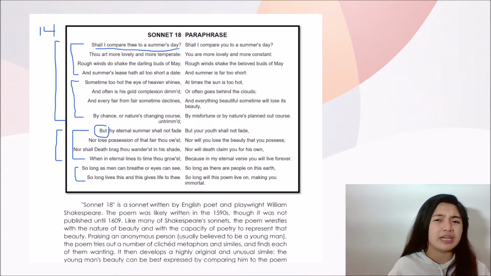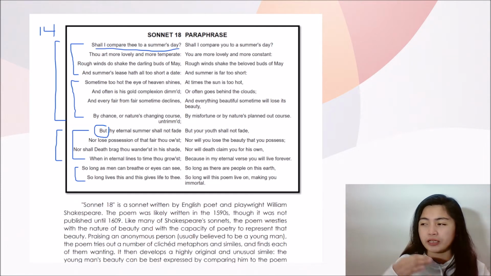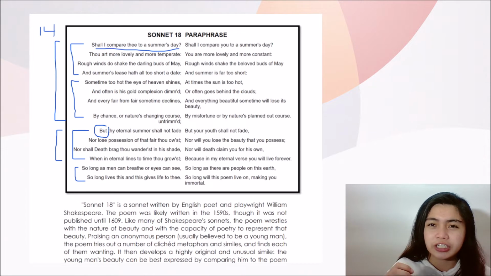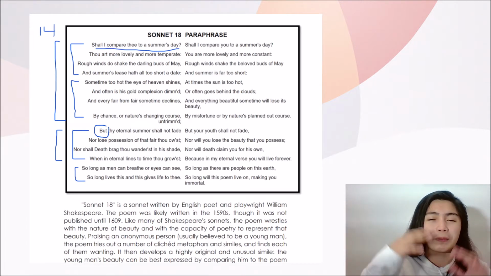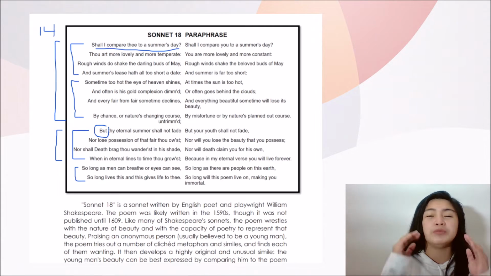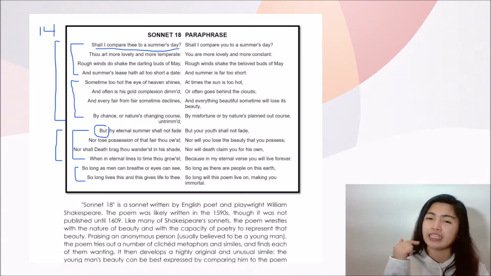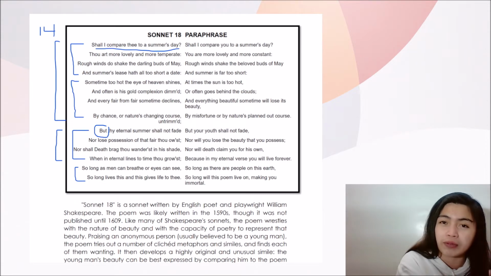So, halos lahat ng mga sonnets ni Shakespeare, it has that certain logical structure na yung first 8 lines is the proposition, yung problem, yung dilemma, yung comparison, while in the 9 to 12 lines, yan na yung answer to the proposition.